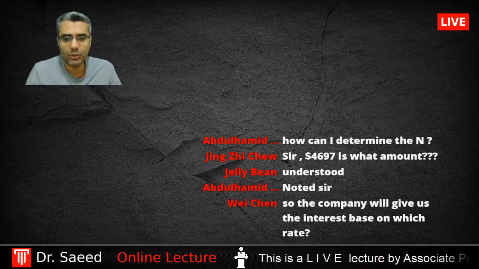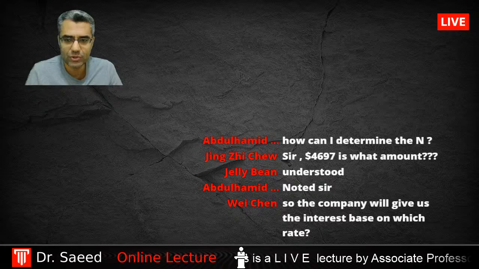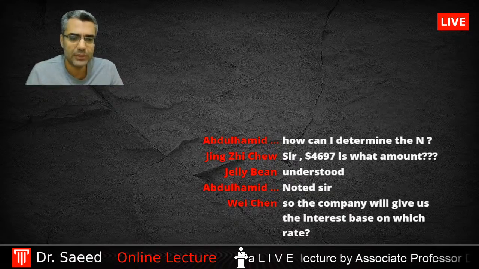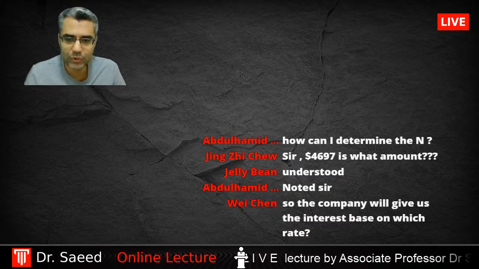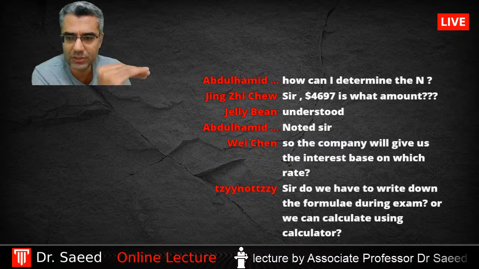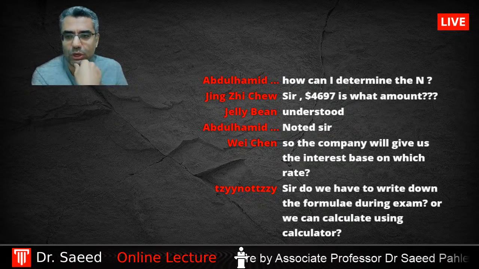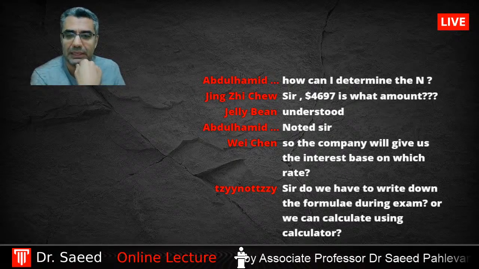So okay, now the next question is, the company will give us interest based on which rate? So the company will determine at what interest rate they issue the bond, right? For this module, we won't discuss in detail how the company will determine the interest rate.